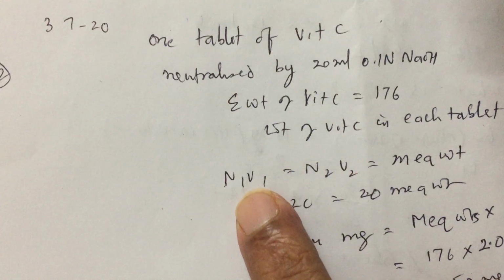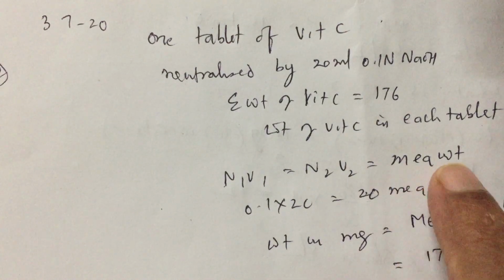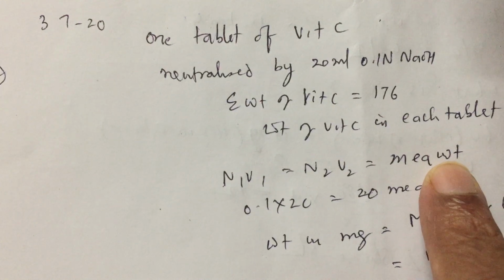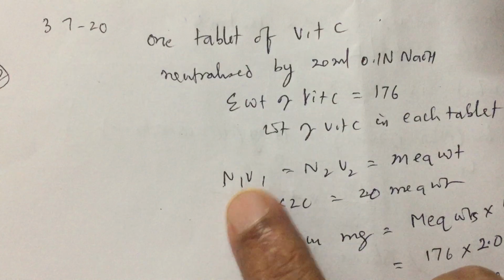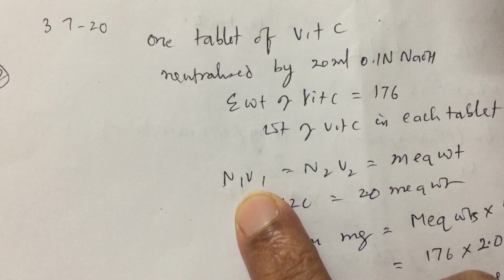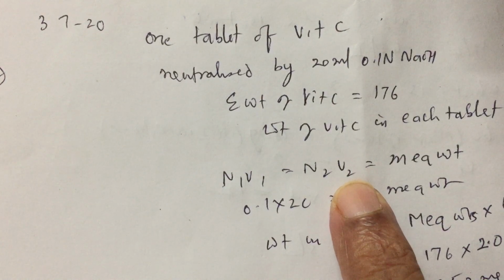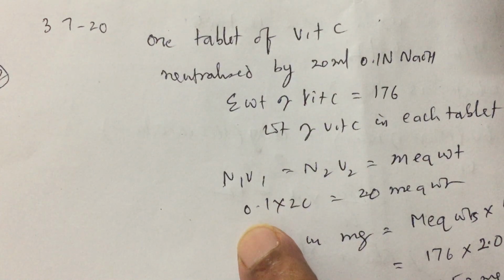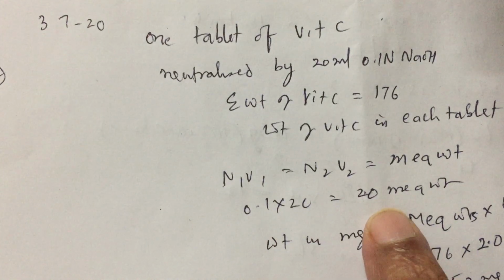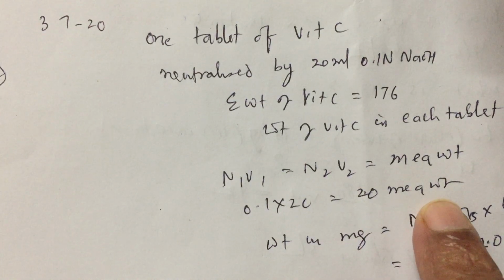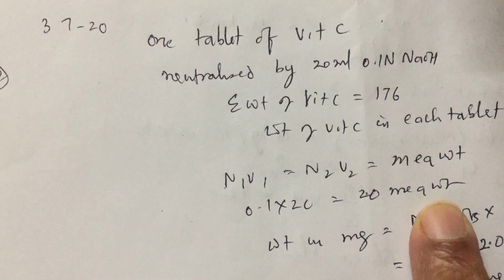In other words, N1V1 is equal to N2V2. That is equal to milli equivalent weights of substances. If the volume is in milliliters, N1V1 is always equal to N2V2 when somebody is reacting with somebody. So 0.1 normal solution of 20 milliliters must correspond to 20 milli equivalents of base, which is equal to 20 milli equivalents of acid.